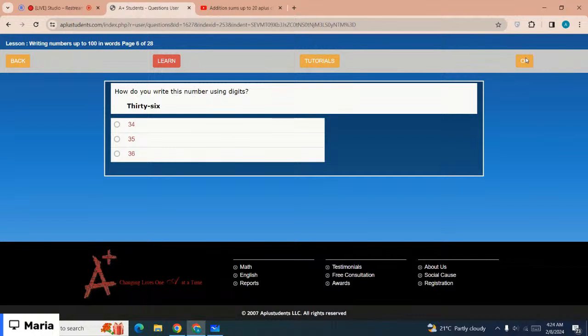How do you write this number using digits? 63. How do you write it?